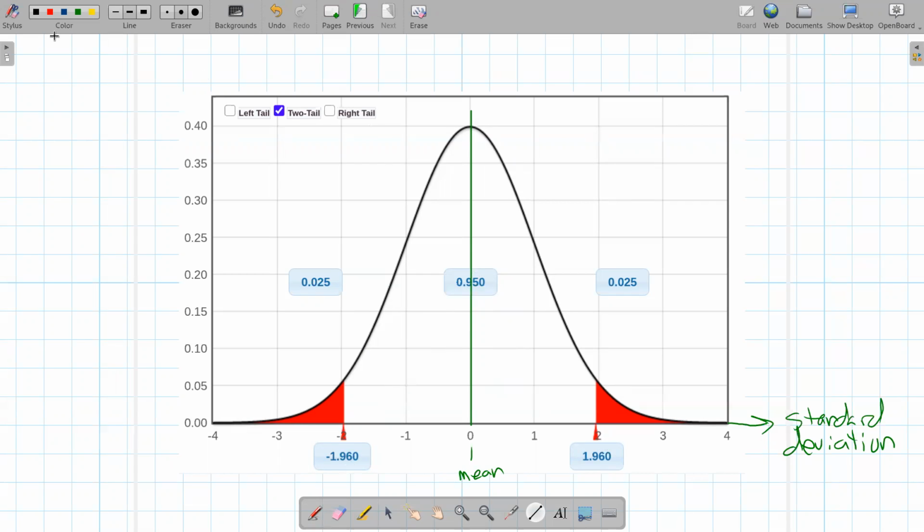So let's note that. 95% of data should be within 2 standard deviations of the mean.